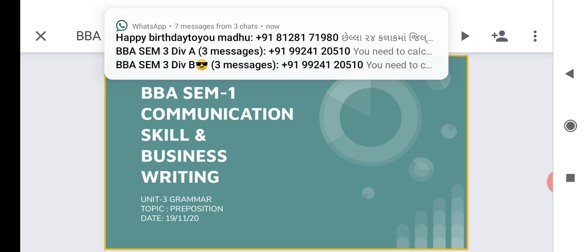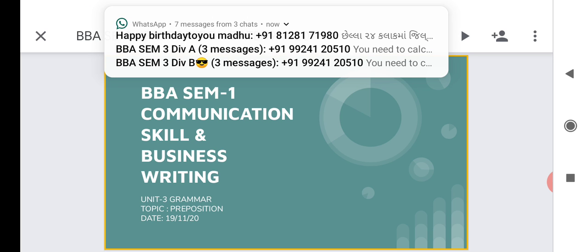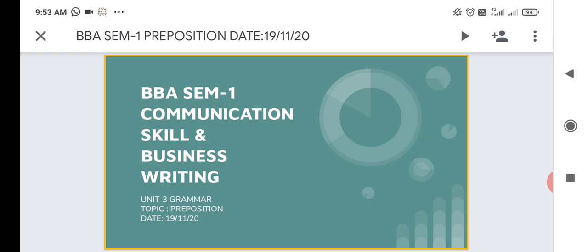In grammar, you have 3 different topics, which I will be explaining to you. I will in fact be starting from today with prepositions. So let us start our journey about prepositions.